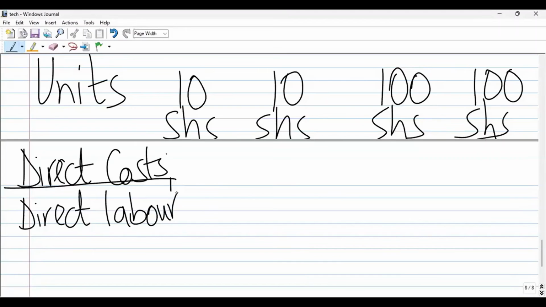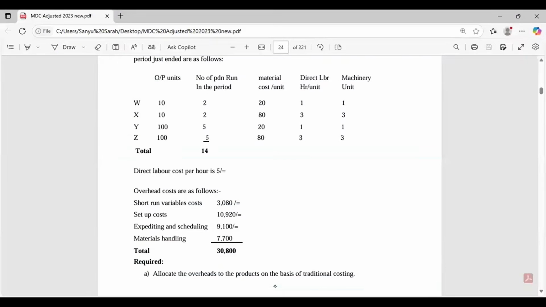Since they've said it is a direct labor cost per hour, we need the labor hours. So we ask ourselves, were the labor hours given to us? Because this cost is per hour, and which hours? Labor hours. Did they give us the labor hours or not? They did. Where are the labor hours?